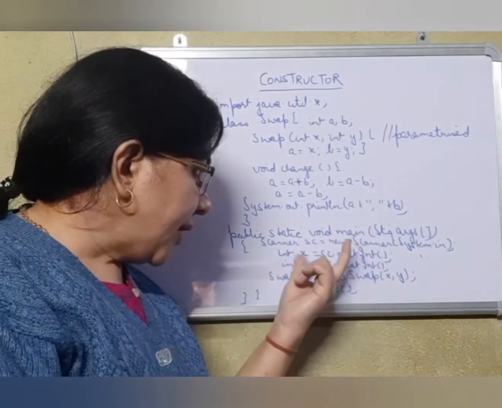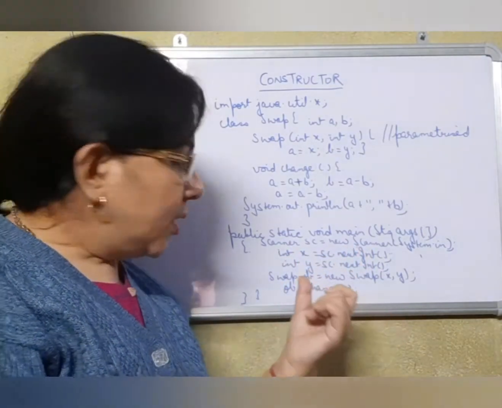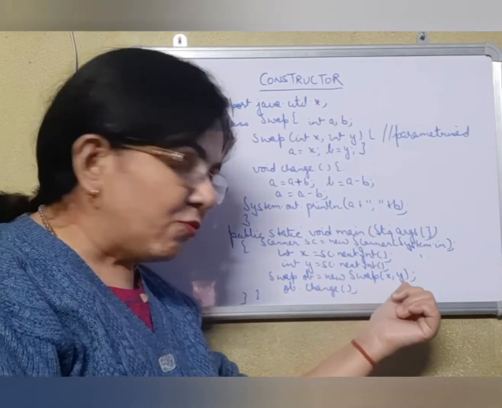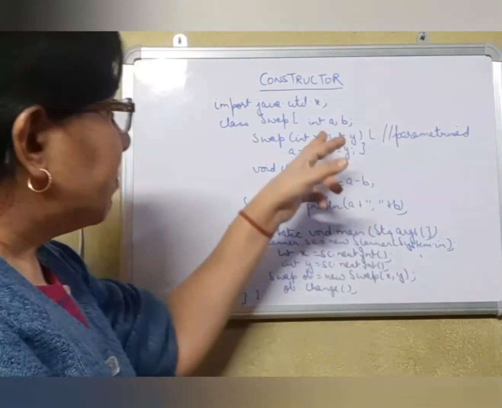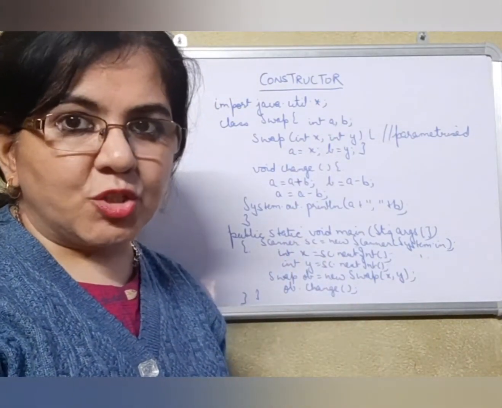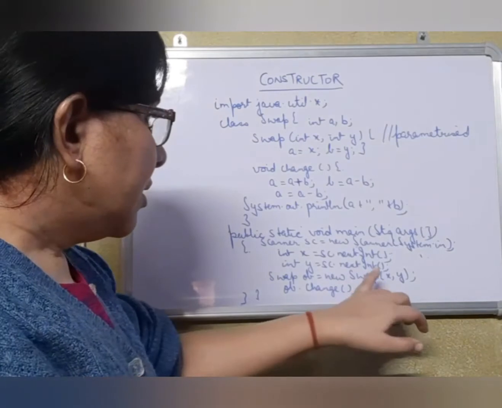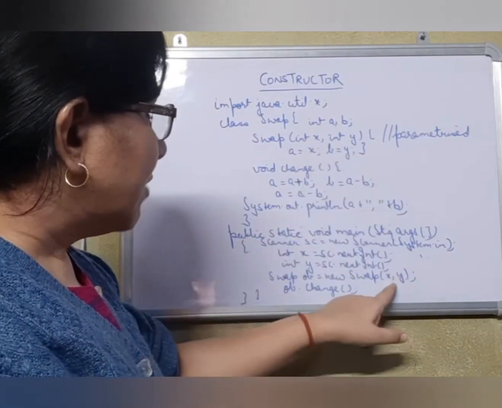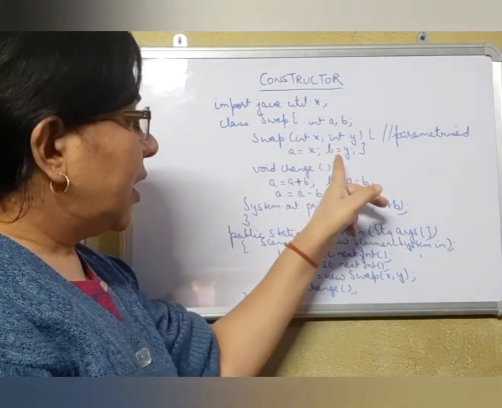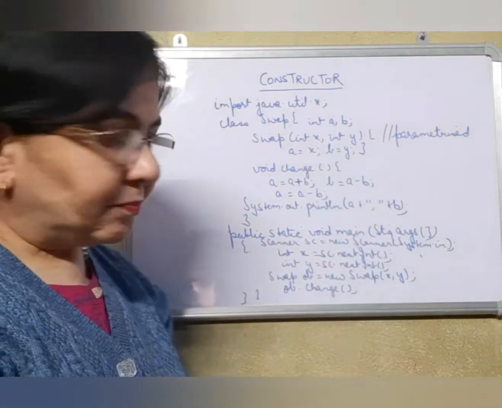In main we are taking x and y as two inputs. While creating the object, swap ob is equal to new swap, x and y, I am sending x and y into the parameterized constructor. Automatically the constructor will be called as per the definition, as I have told you. So x will be received in this x, y will be received in this y. This x is going to be received by a and y will be received by b.